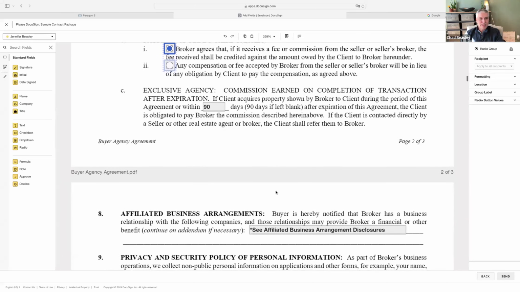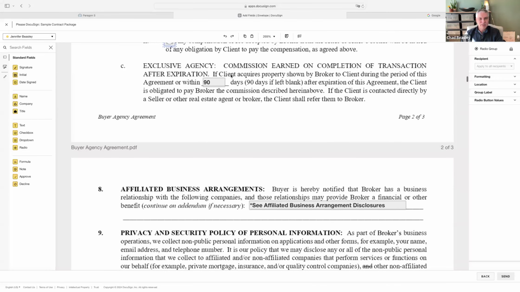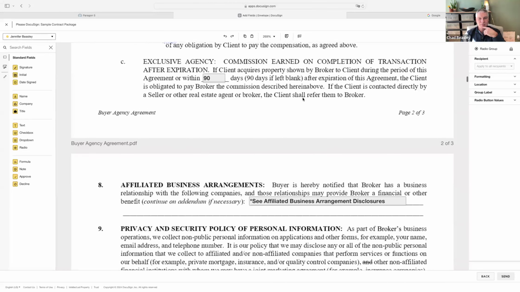All right. So our next section here says exclusive agency commission earned on completion of transaction after expiration. If your buyer client acquires property that was shown by you to the client during the period of this agreement, or within whatever number of days you put in here, 90 days, 180 days, after expiration of this agreement, the client is obligated to pay the broker the commission described herein above.